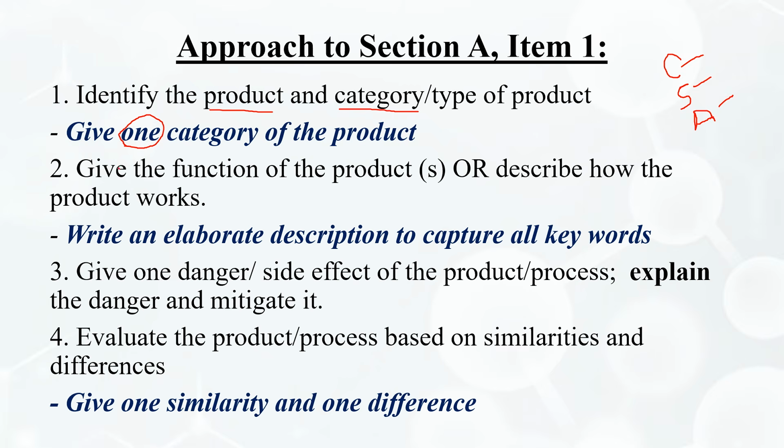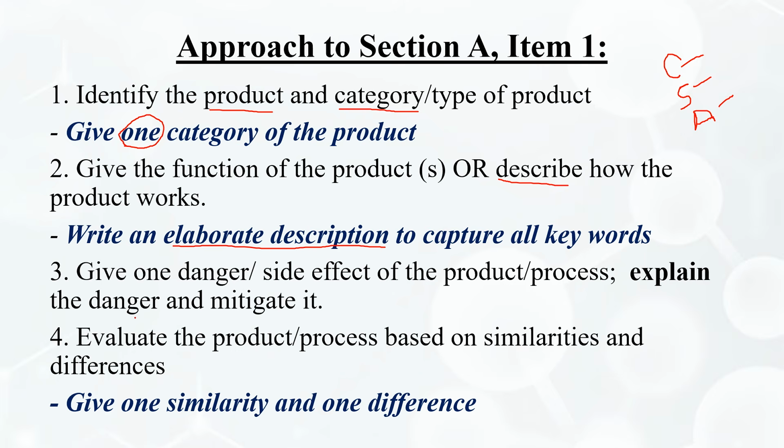Then number 2, we give the function of the product, or we describe how the product works. And what are we saying? We just write an elaborate description to capture all key words.